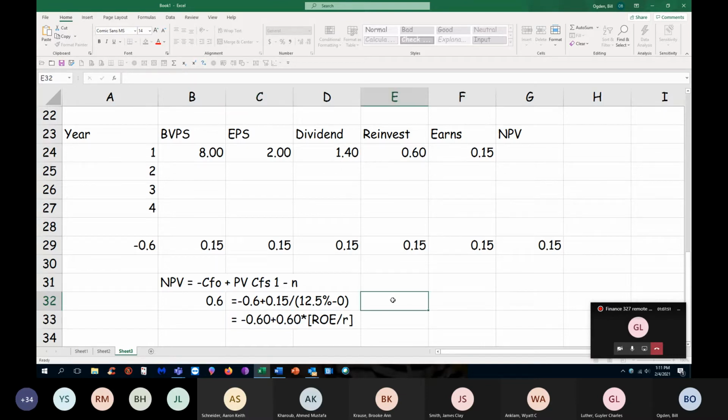So what we basically had up here, we had equals minus 0.60, my fault, plus 0.60 times 25% divided by 12.5%.